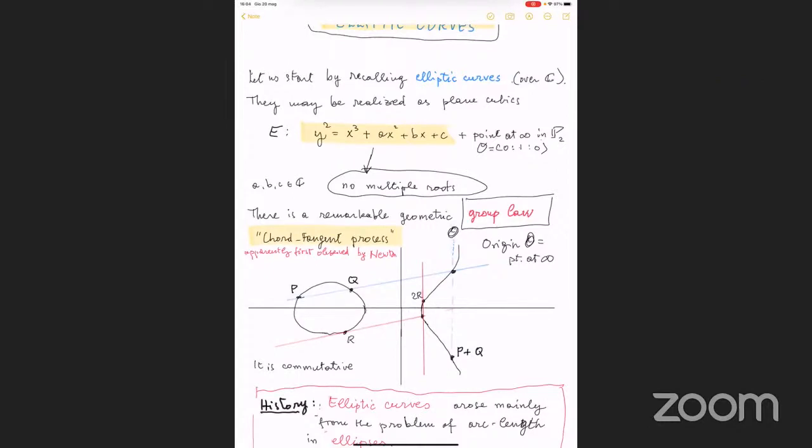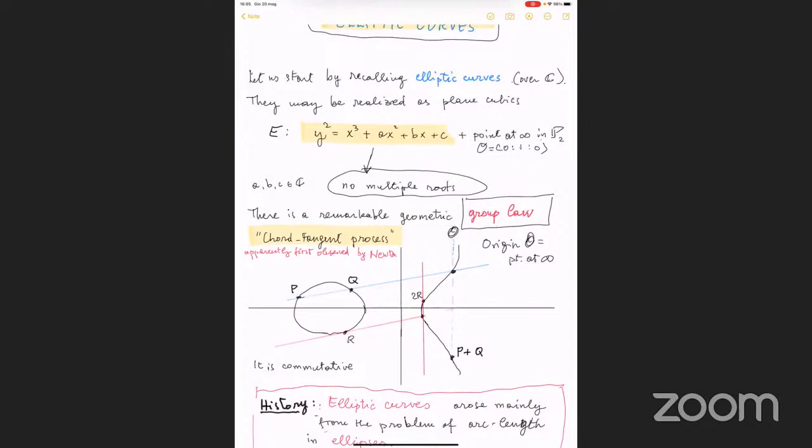I have written the affine cubic in the affine plane, but one should keep in mind that there is a further point in the projective plane to be added, which has the homogeneous coordinates 0, 1, 0. And this equation defines a curve as soon as the cubic polynomial on the right has no multiple roots. And A, B, C are complex numbers.